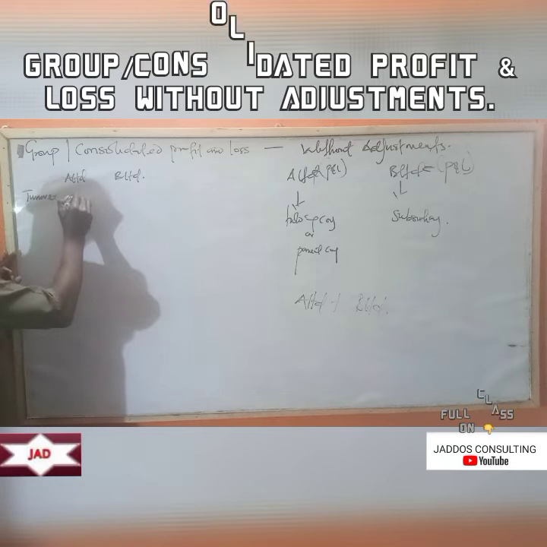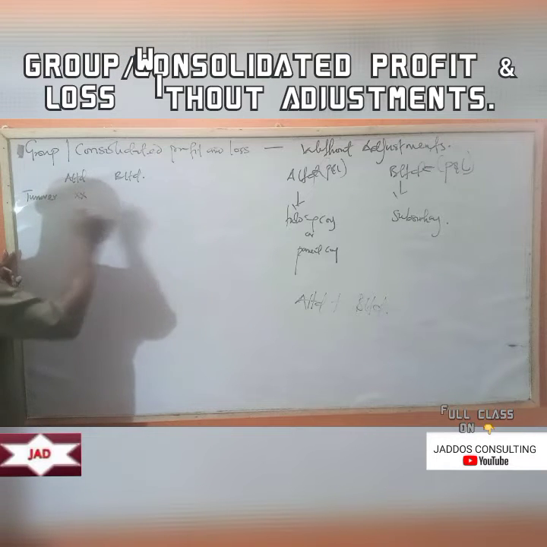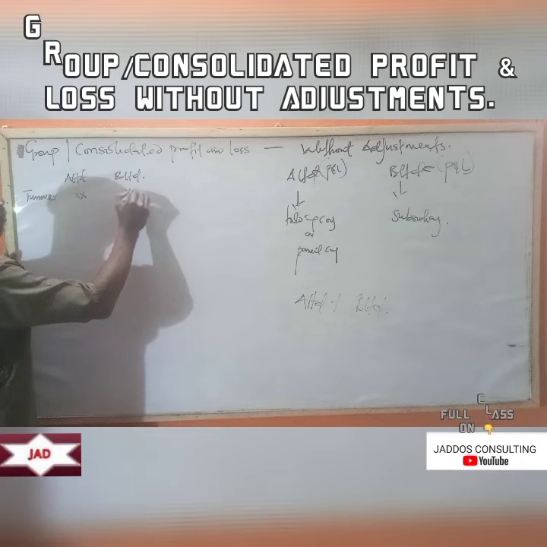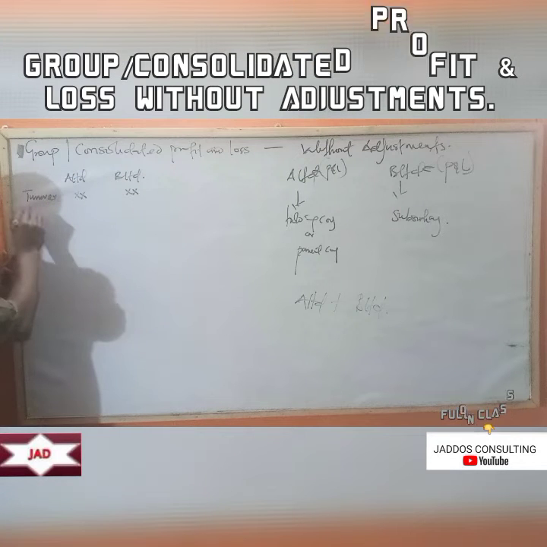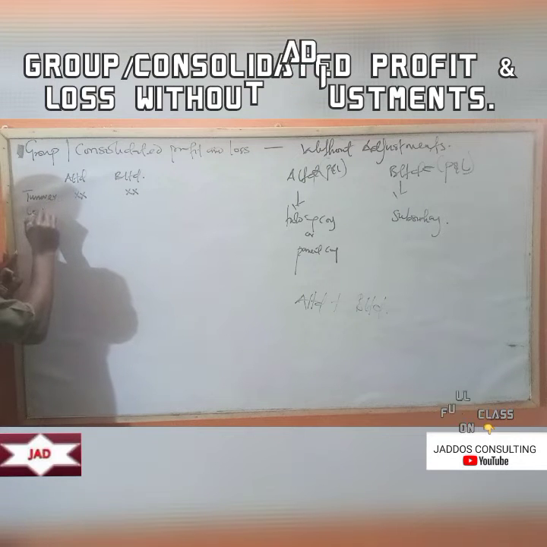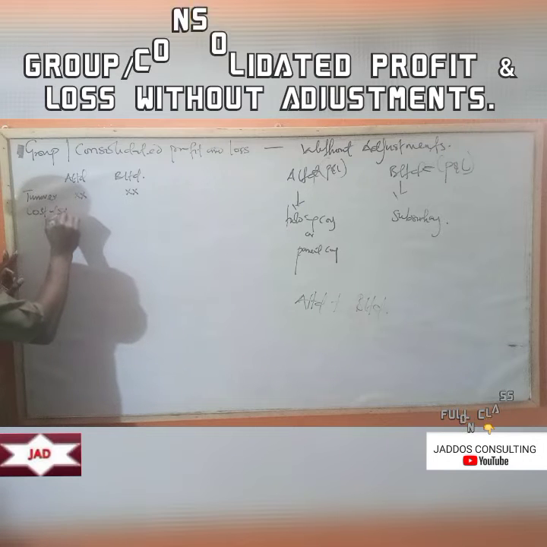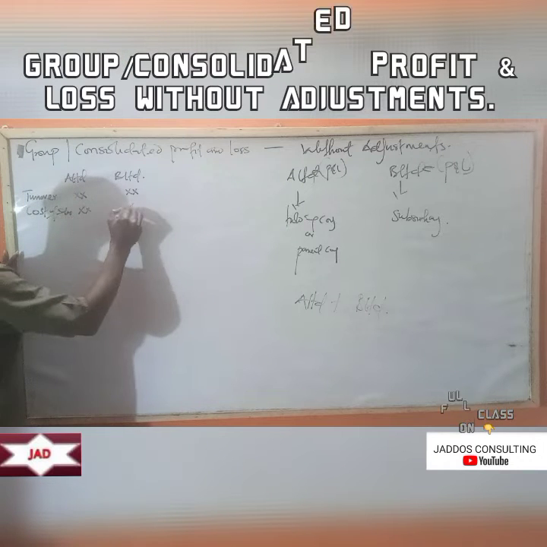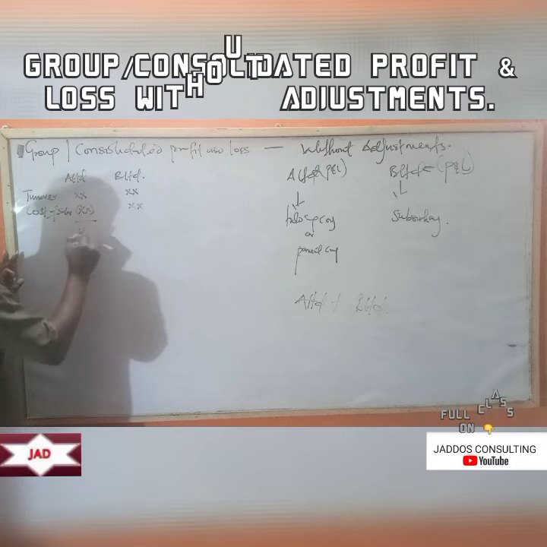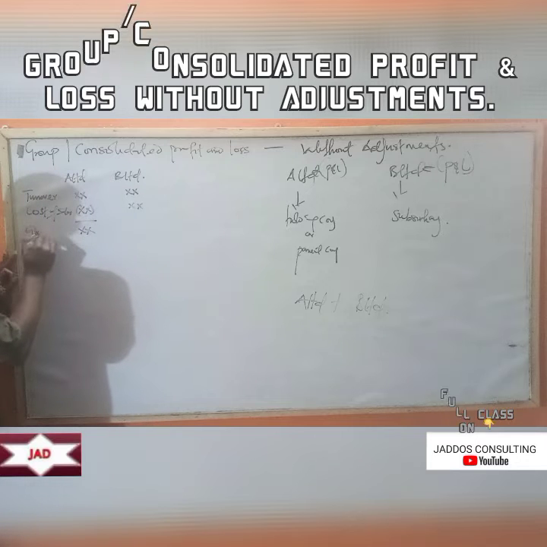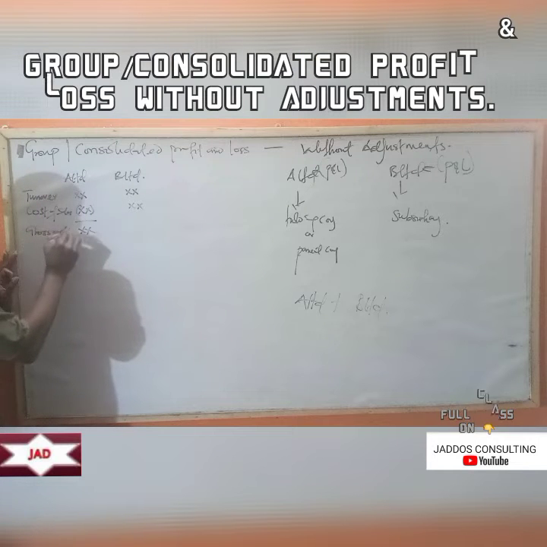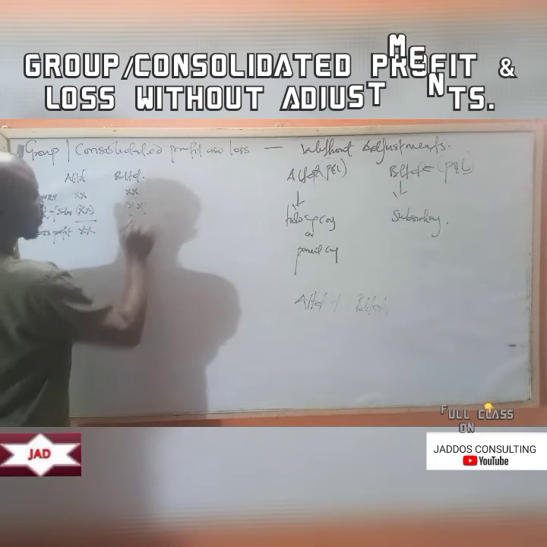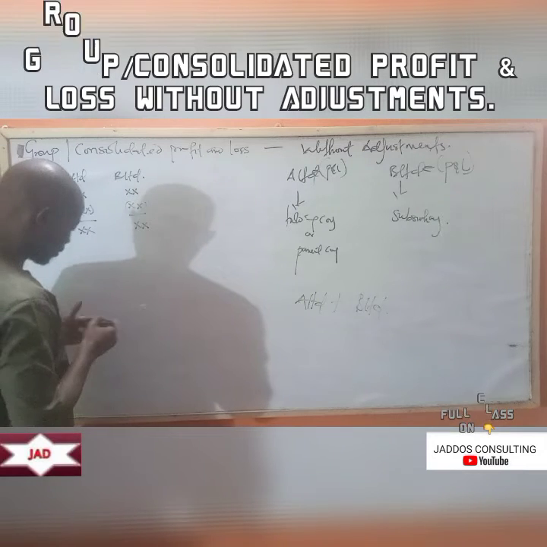You have turnover for A, and you have for B. You're going to have cost of sales, right? You have cost of sales for A, you have for B. So if you take this out, this is called what? Gross profit.